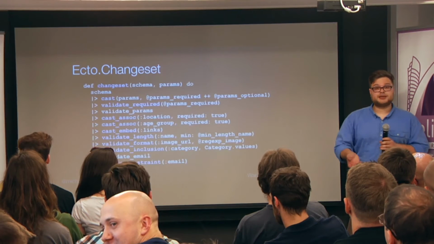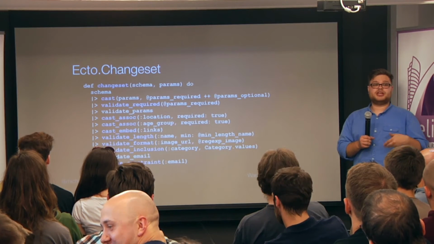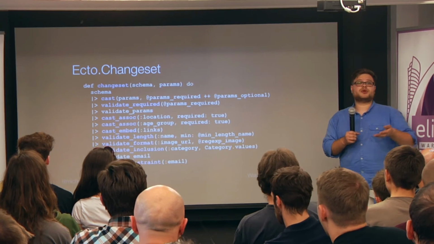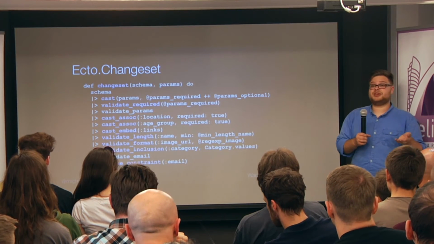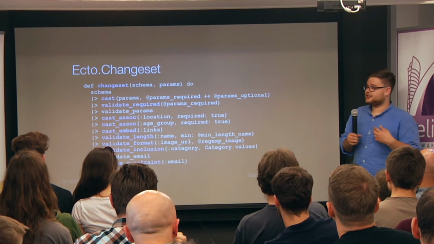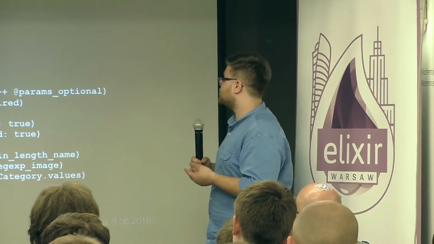So here your types control how the data is converted into Elixir from the outside world. Because when your request comes in, for example, from HTTP, everything is strings, and you have to convert it to something more understandable and more usable inside the application.